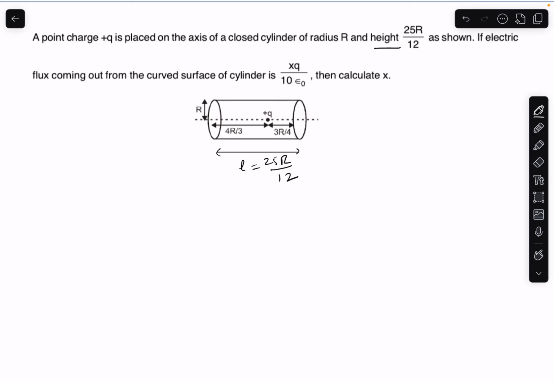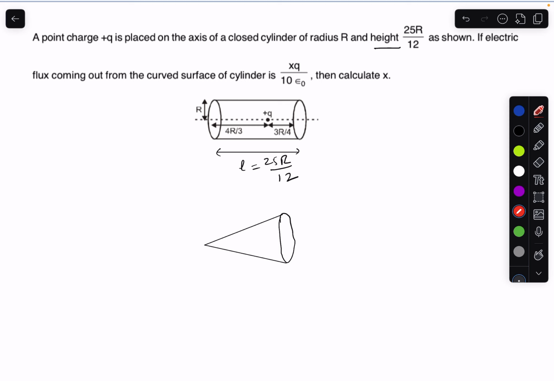We know that if we consider any closed surface, the total flux coming out of the closed surface is Q/ε₀. Here we have three surfaces: two circular surfaces, one on the left and one on the right, and the curved surface of the cylinder. Any surface will subtend a conical volume at any point charge.